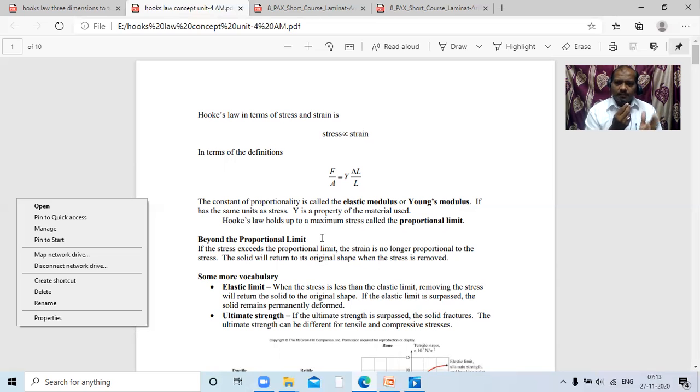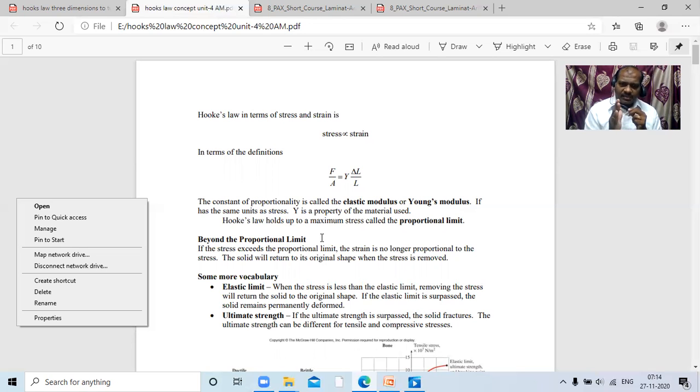That means the point at which more load is applied than the elastic limit is called the elastic limit. That is, where the material does not regain its original shape after removing the load is called the elastic limit. I have already explained this point a number of times.